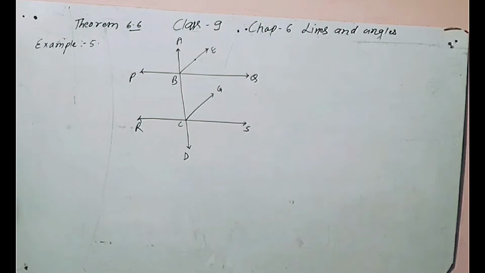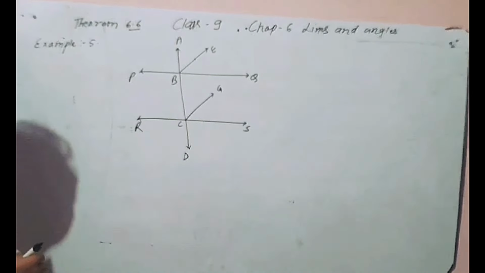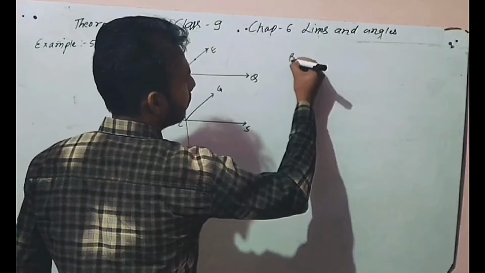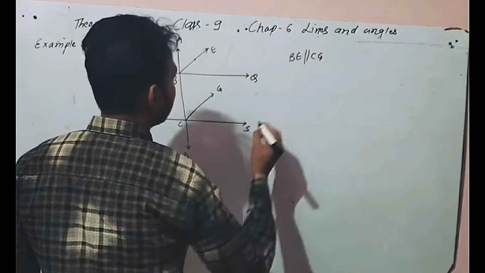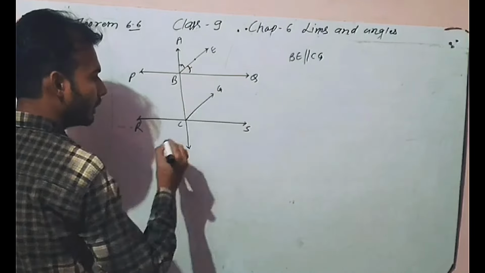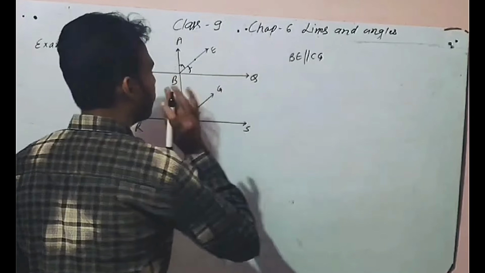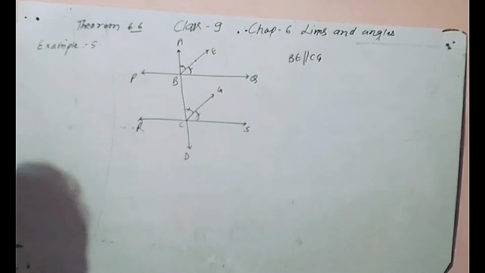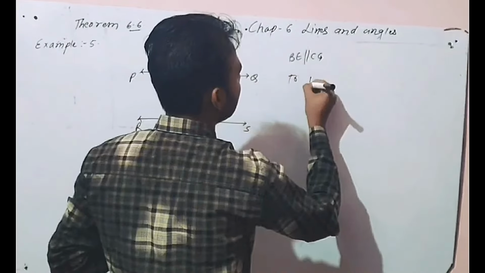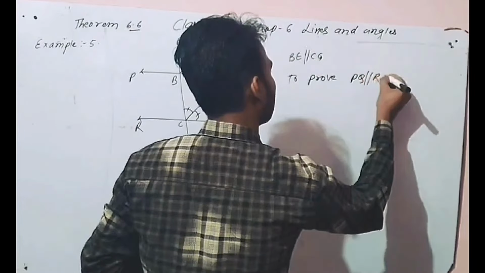Example 5. In example 5, it is given that BE is parallel to CG. This is given to us. Second, BE is the bisector of this angle, meaning this angle equals this angle, and CG is the bisector of this angle. So BE and CG are both bisectors of angles B and C. This is given, and we have to prove PQ is parallel to RS.